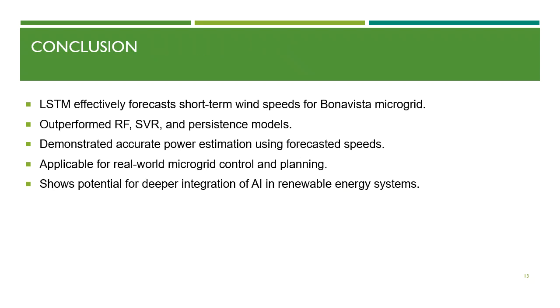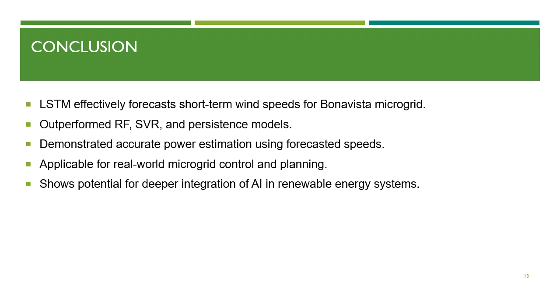In conclusion, LSTM performed best for short-term wind forecasting in the Bonavista microgrid scenario, using the data from Bonavista. Its ability to model long-term temporal relationships helped it outperform random forest slightly and SVR greatly, and also a solid persistence model.